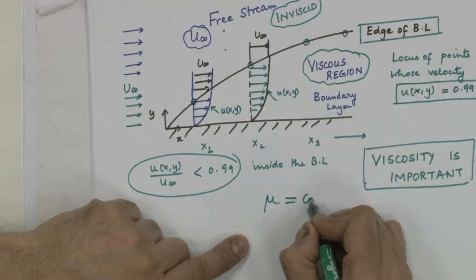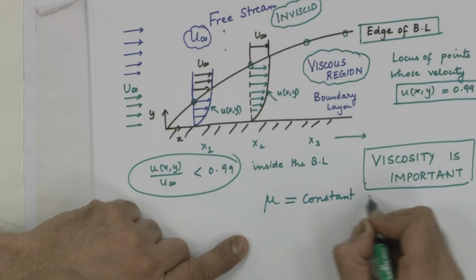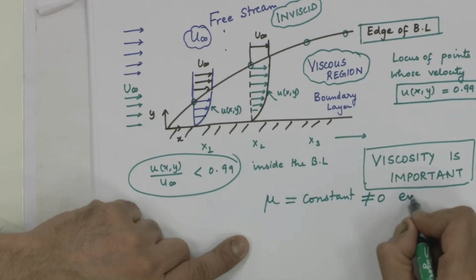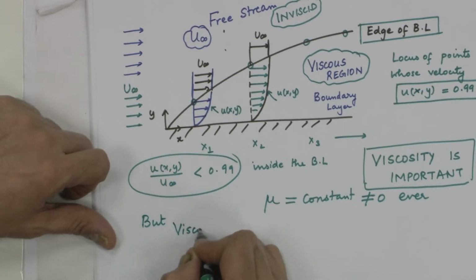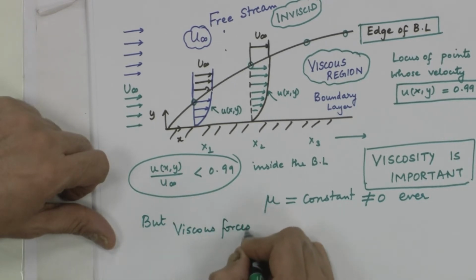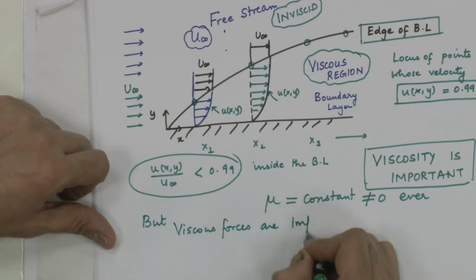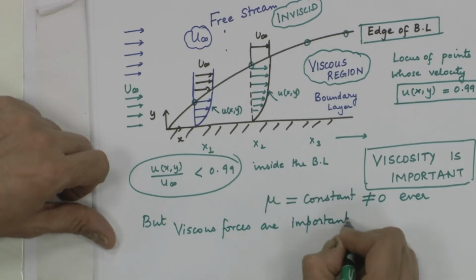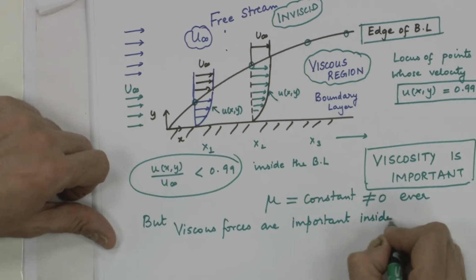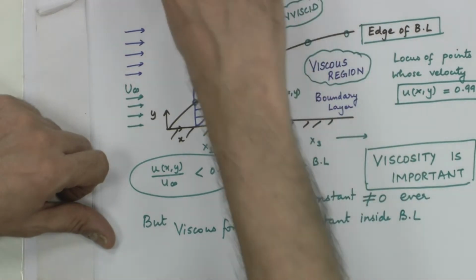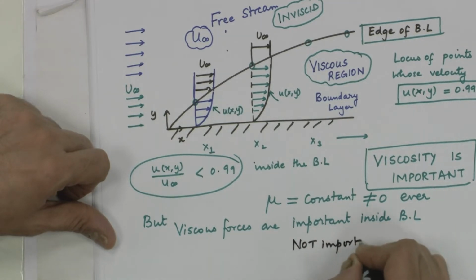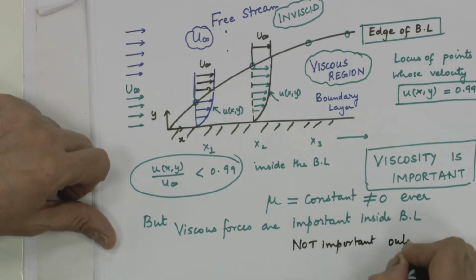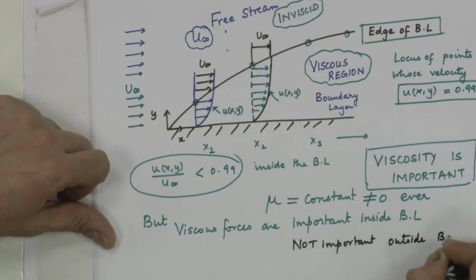Again I am repeating, viscosity is constant, not equal to 0 ever, but viscous forces are important inside the boundary layer, and are not important outside the boundary layer.